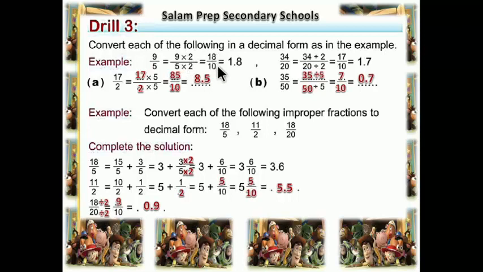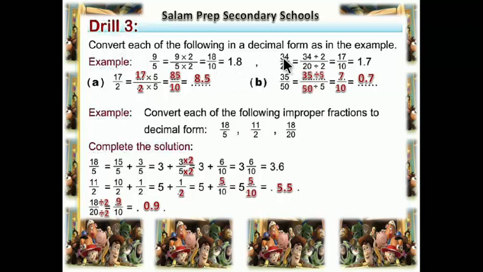This is an improper fraction. We can put the decimal point in front of 18. Observe 10 has only one zero, so the decimal point will move backward only one step. So the result will be 1.8, 1 and 8 tenths.